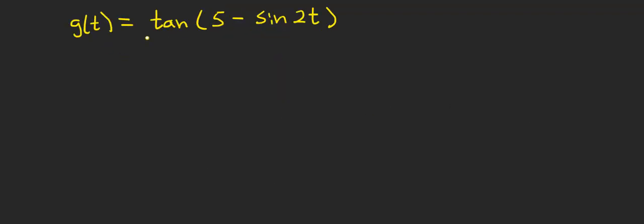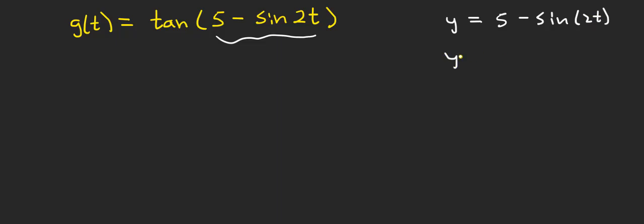Now we've got g of t equals tangent of the quantity 5 minus sine 2t. So this is inside the tangent. Well, let's find the derivative of the inside. Let's call this y. y equals 5 minus sine of 2t. So what is the derivative of y?